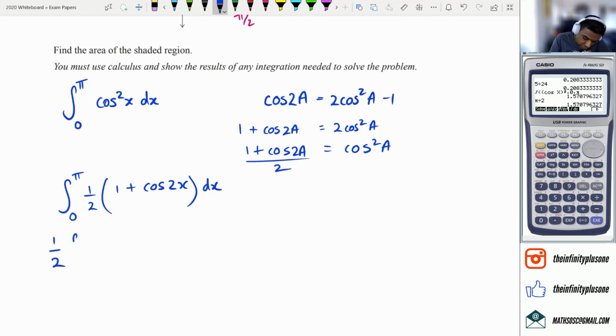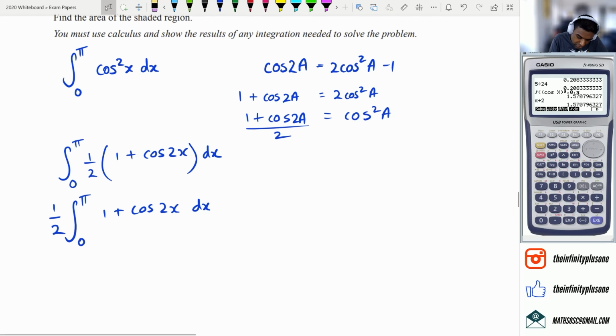So take the half out of the integral sign, and it's between pi and 0, and I've got 1 plus cos 2x dx. Now, unfortunately, this does not get you any grades yet because you haven't actually done any integration. And remember that this is where people get confused. They look at this and then they substitute their values and think they've done the integration. So you've actually got to integrate first.